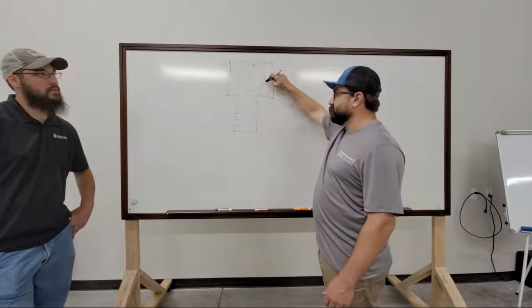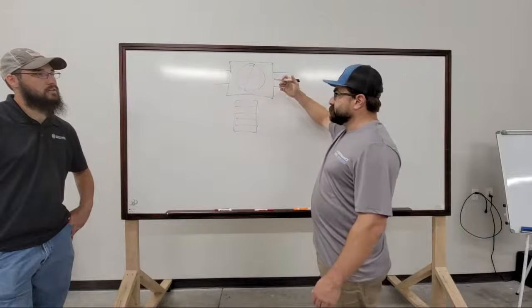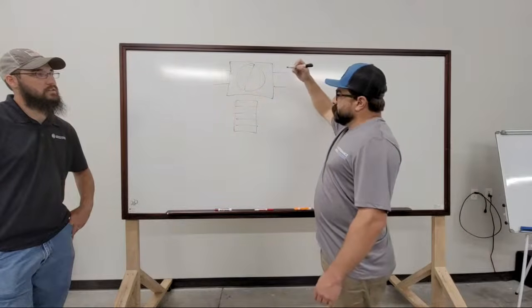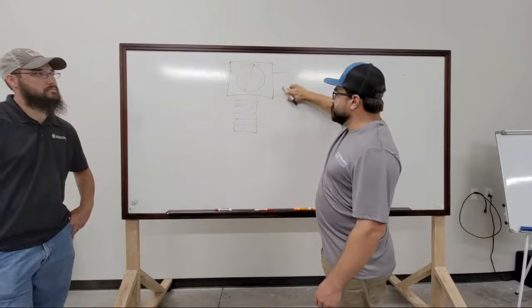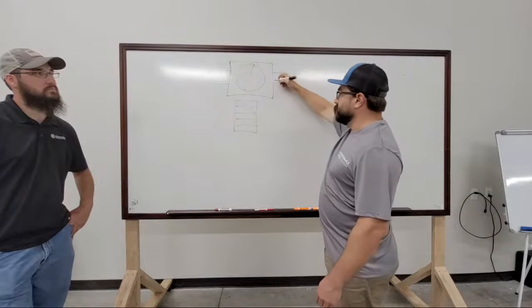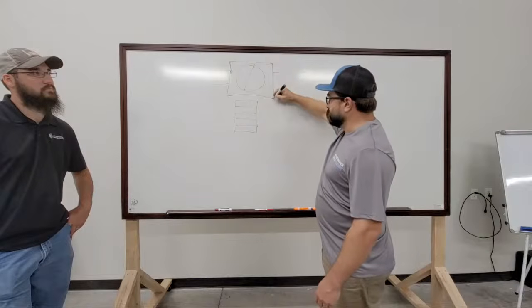Two basic types, round and square. They both serve the same purpose. You could have pneumatic actuators, DDC actuators, doesn't matter. It's still considered a VAV box.